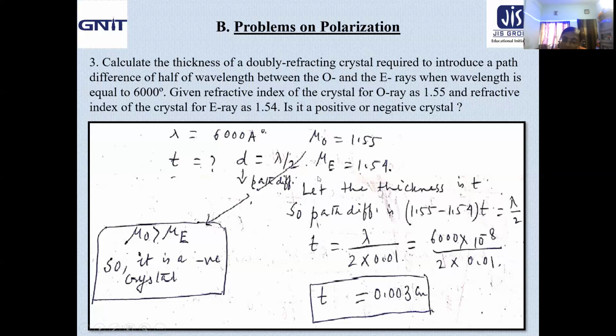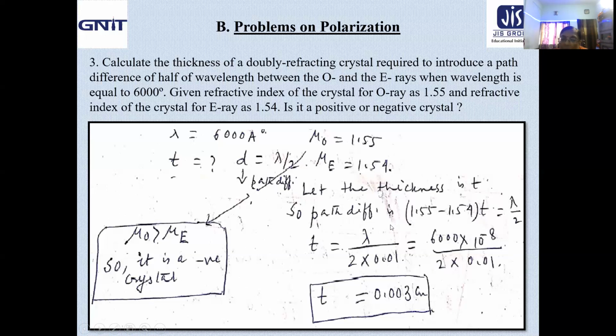To cover the same thickness, the O ray and E ray will naturally take different times, though the thickness is the same, because the velocities are different. Naturally there will be a phase difference as well as a path difference, as the refractive indices are different.